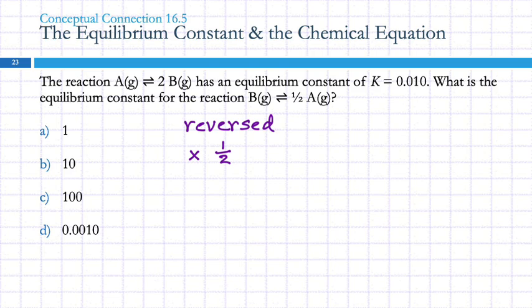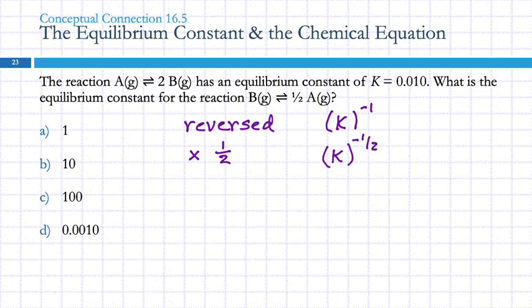So our initial K, what do we need to do with it when it's reversed? We need it to the -1. And then if we multiply by 1/2, what do we do? We have the exponent is now going to be -1/2.